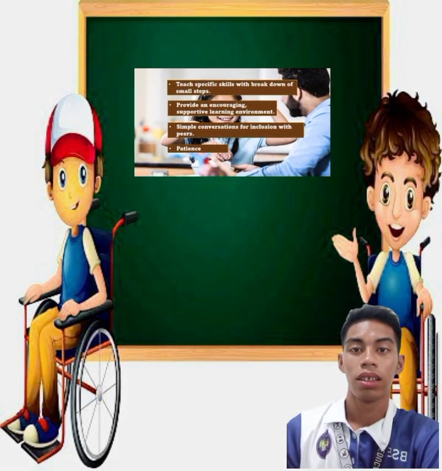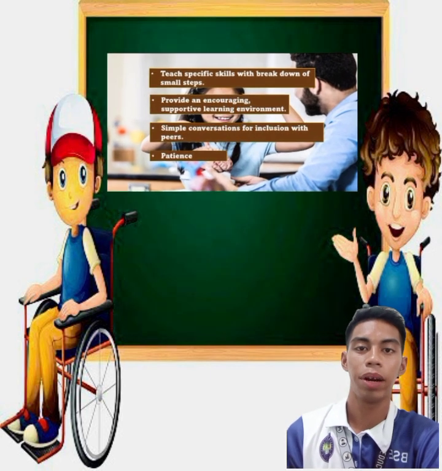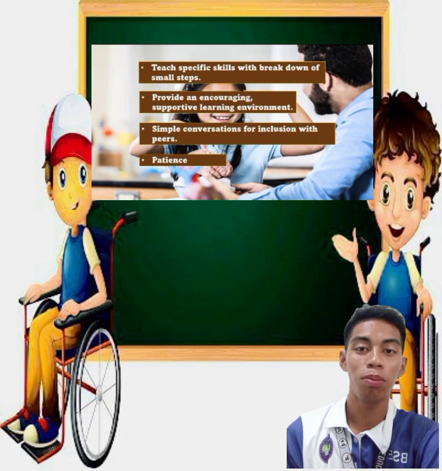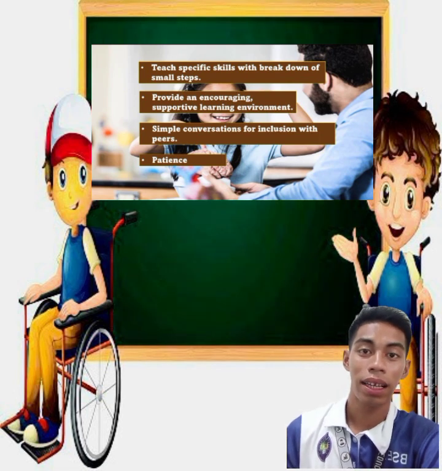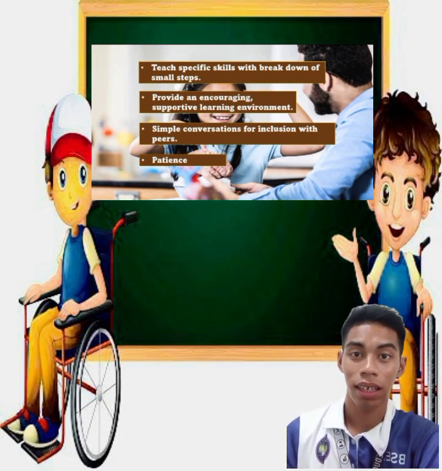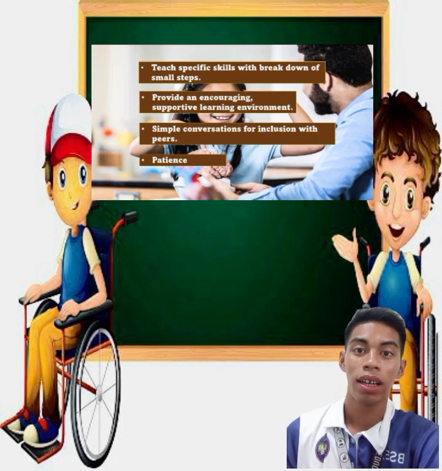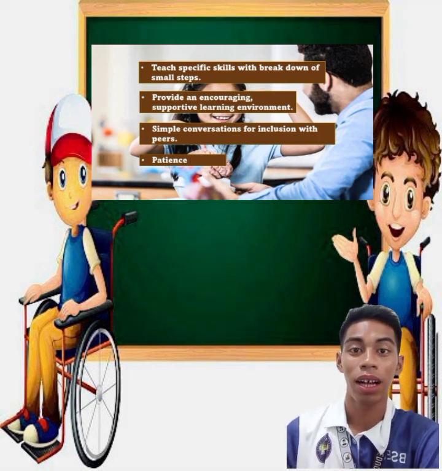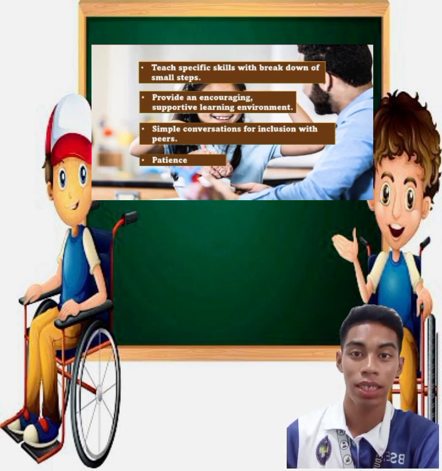Next is teach specific skills with breakdown of small steps. Imo siyang tudluan og mga skills nga ma-independent siya, but in small steps or in a gradual way, hinay-hinay, in order nga ma-absorb niya or makat-on jud siya.